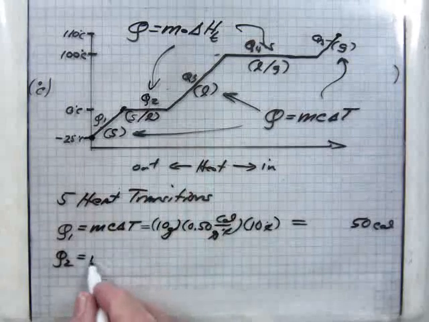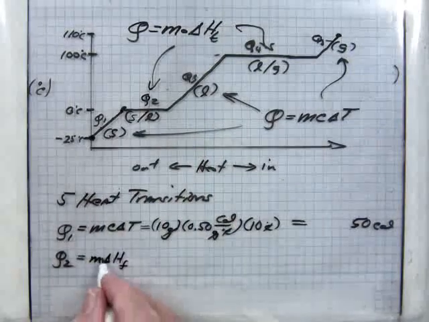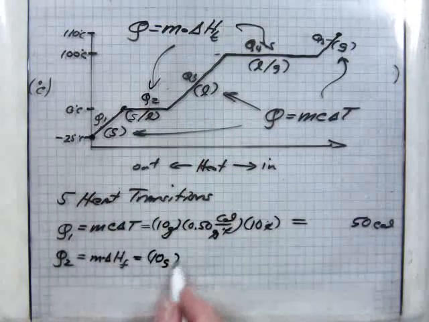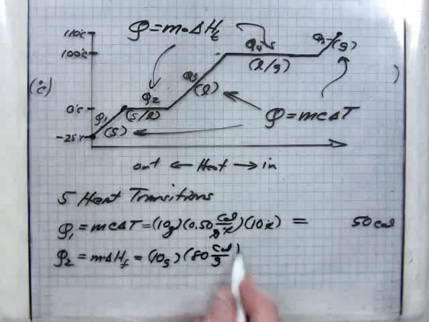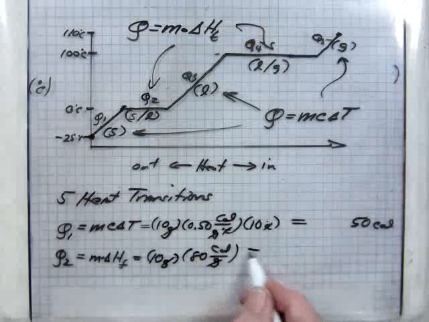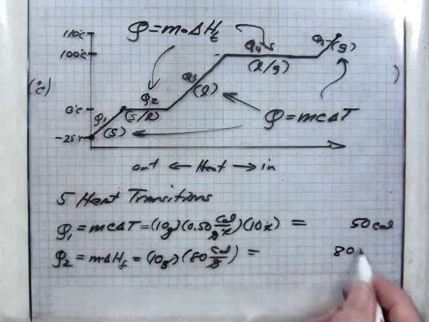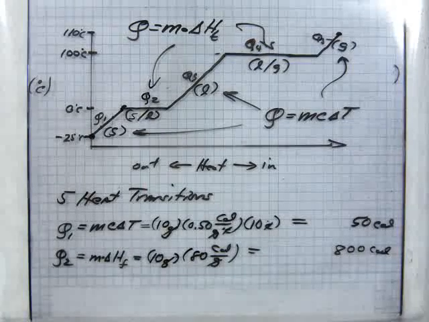So that's M delta H fusion. That's 10 grams times 80 calories per gram. Grams drop out, and we have 800 calories. And you keep a running total on this until you get to the end, and you add up the individual values as you go along.